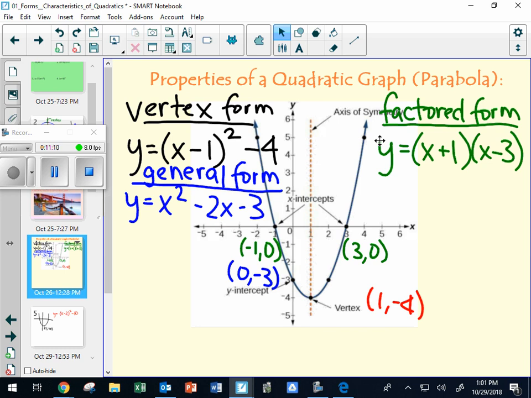So we found in this first one, we can find the vertex from this. From the second one, we could find the y-intercept. What's left of our four important parts? I heard it whispered. I'm going to repeat it a little louder. Our x-intercepts. Our x-intercepts are -1 and 3. Do you see anything to do with -1 and 3 in the factored form? If y was 0, what would you get for our values of x? -1 and 3?